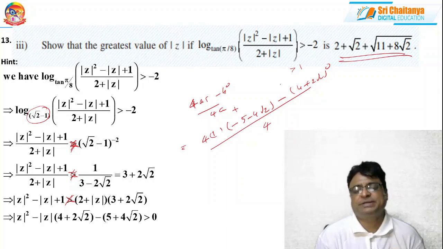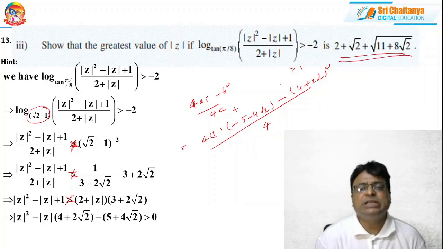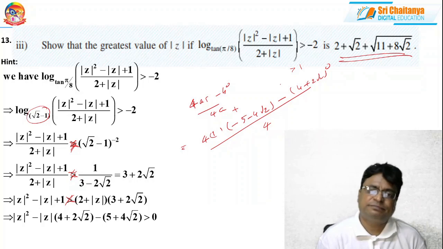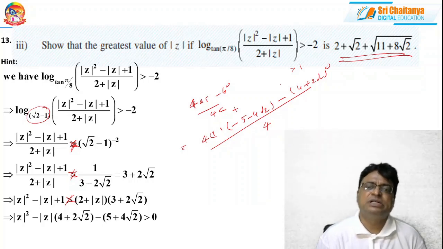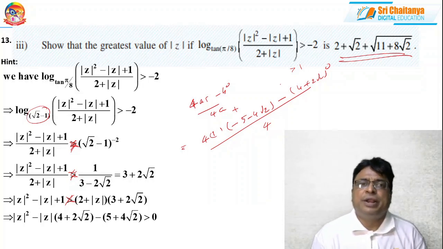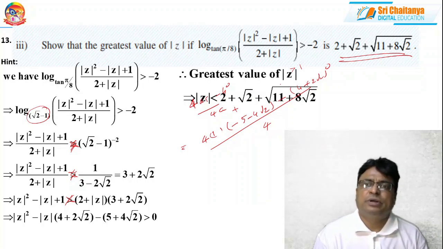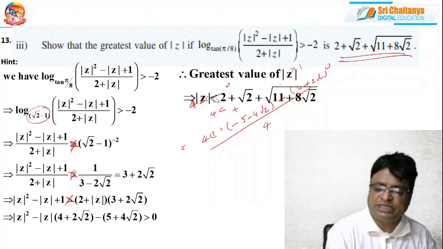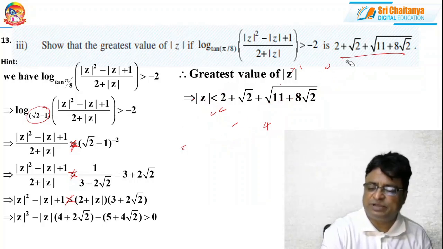You will get the option. Only thing is, it is solving the inequality. It is just a matter of solving the inequality. Okay, my friends. So the greatest value you can get like this.